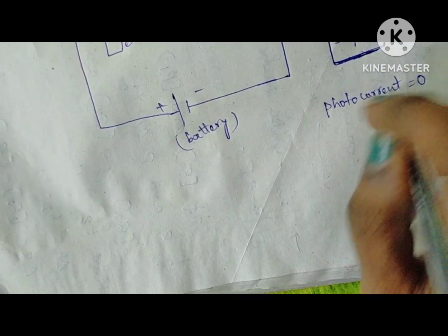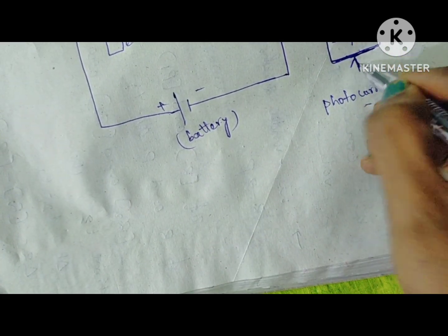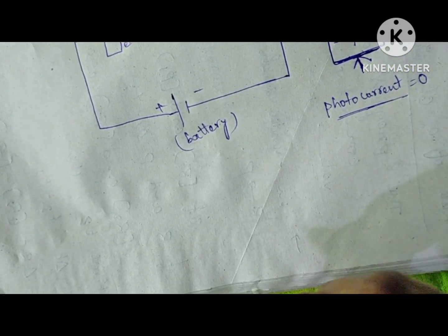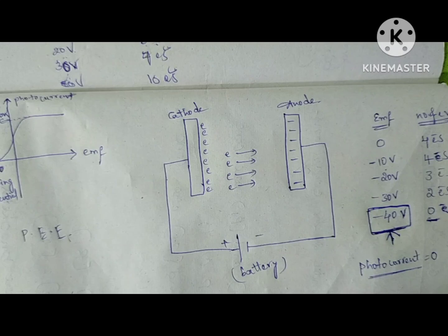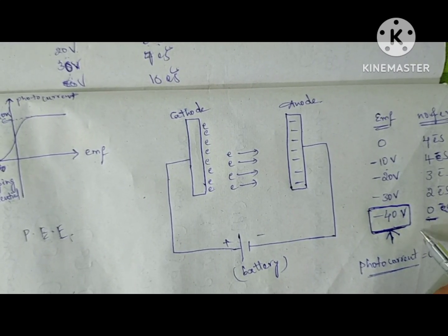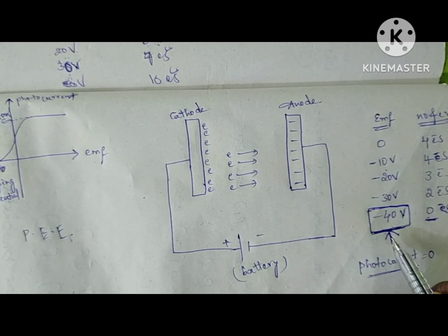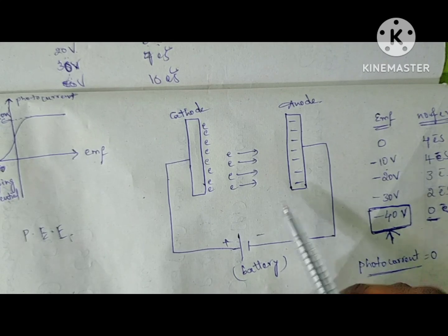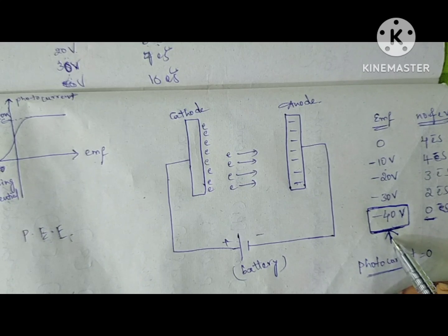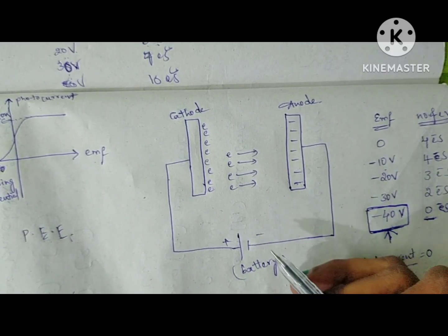So that's why this value of potential at which photocurrent is 0 is called the stopping potential. See here, I am going to share very, very important points. At this stopping potential, no electrons flow towards the anode, but they are waiting outside the cathode.